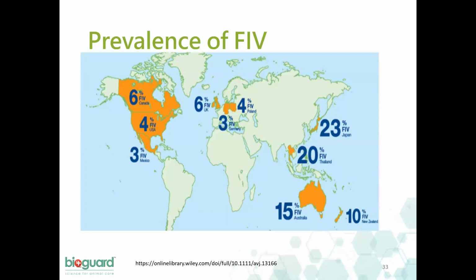Australia has a moderate prevalence of approximately 15%, suggesting a notable but not extremely high presence of FIV in the cat population. New Zealand has a lower prevalence compared to Australia, with around 10% of the tested cat population being positive for FIV. Both Canada and the UK have a prevalence of 6%, which indicates a moderate presence of FIV in the tested cat population of these countries.